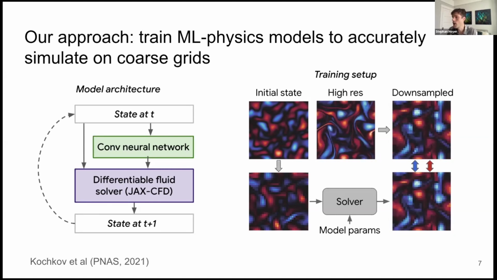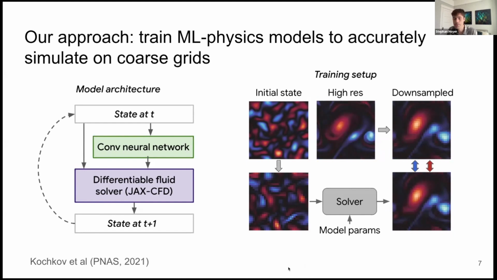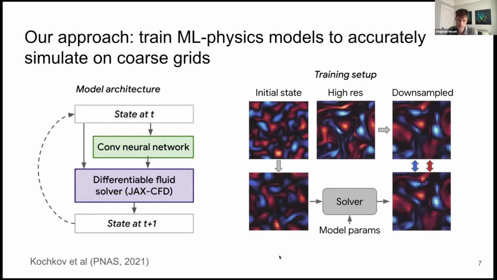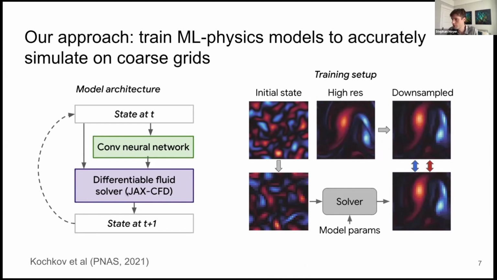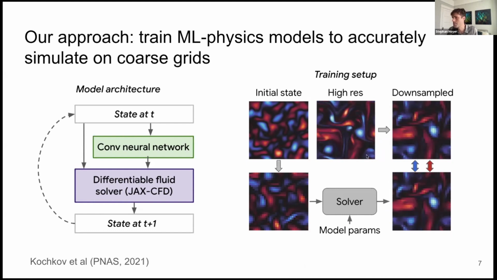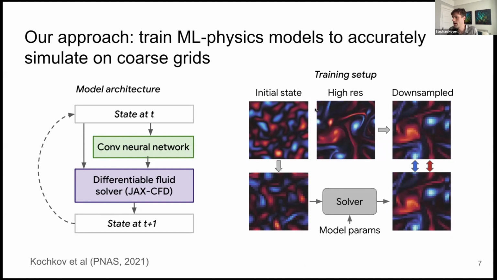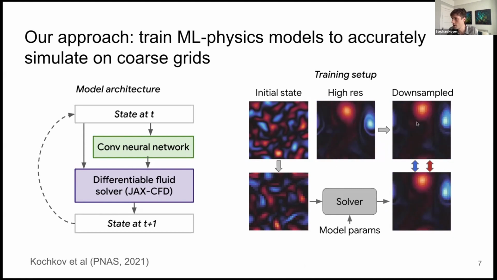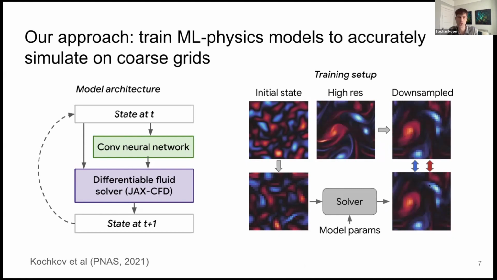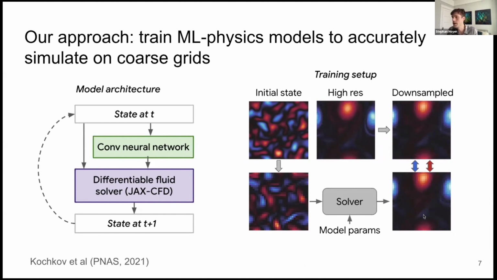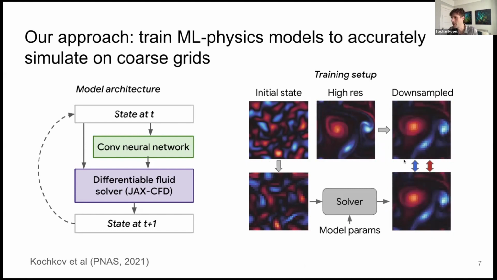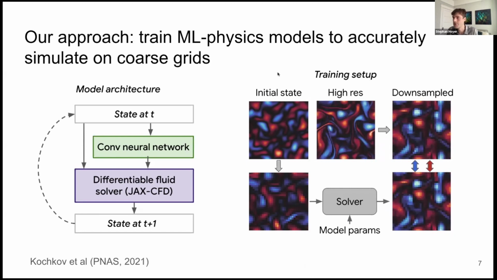And then we optimize some parameters in our differentiable solver to try to match the evolution of this trajectory on a very coarse grid, at a resolution that we could not do with our baseline solver.